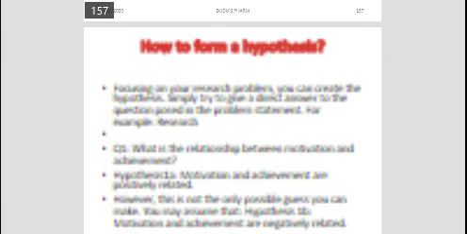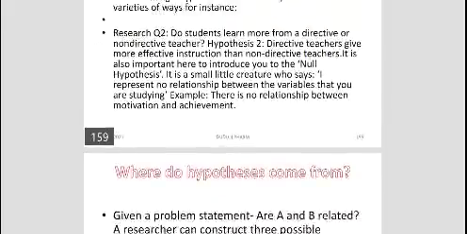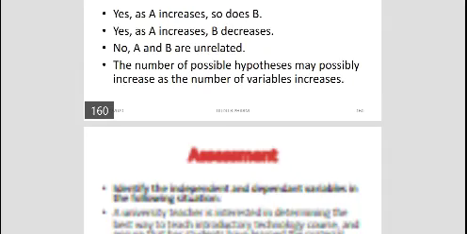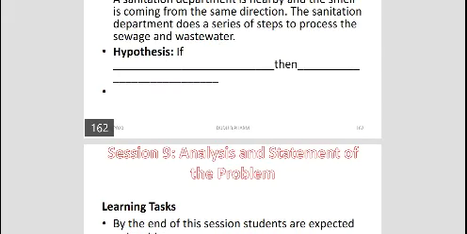I hope we understand the concept of the problem statement, because today we're going to see our session 9, the analysis and the statement of the problem.